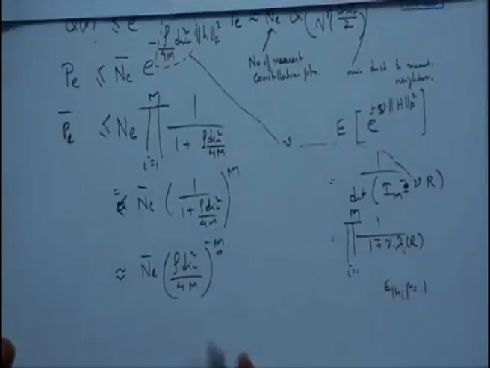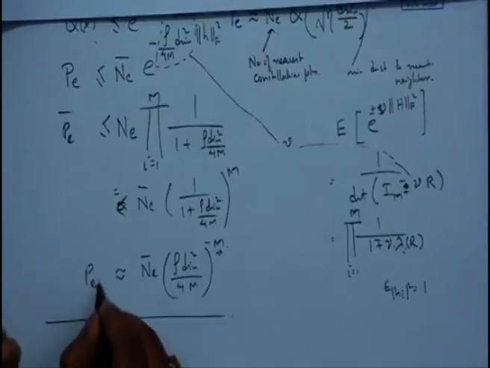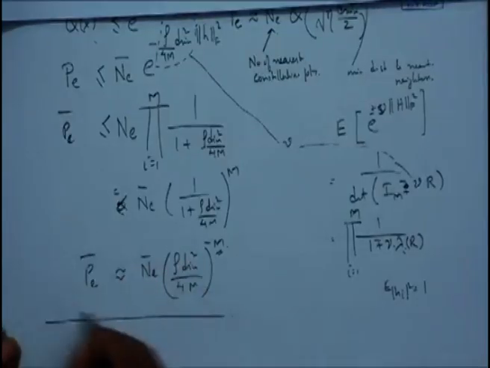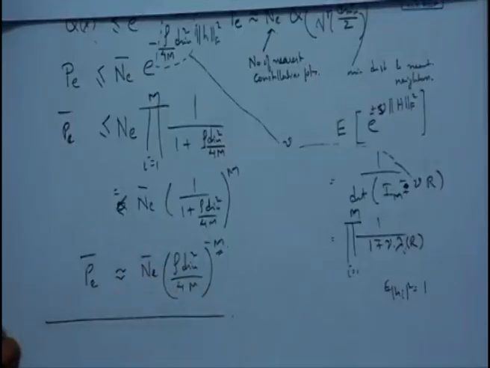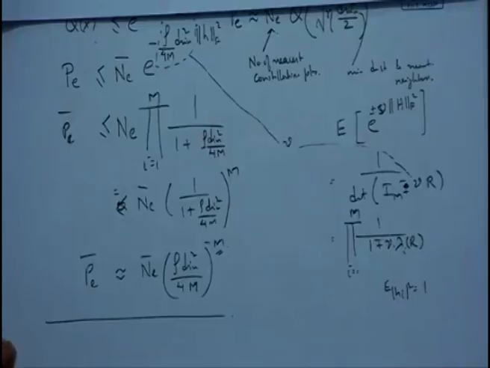We stop at this point in this lecture, and in the next lecture we are going to see the significance of this expression, what we can understand more about diversity from it, and what else it can help us with in future to get expressions of error probabilities or understand things in a better way. Thank you.